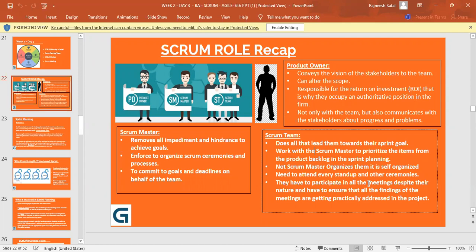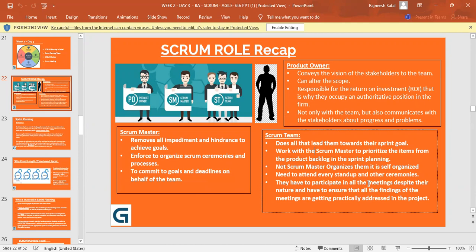Not the Scrum Master organizes them, it is self-organizing. Need to attend every stand-up and other ceremonies. They have to participate in all the meetings despite their nature, and have to ensure that all the findings of the meetings are getting practically addressed in the project. Very well said. Thank you. Thank you for reading it out.